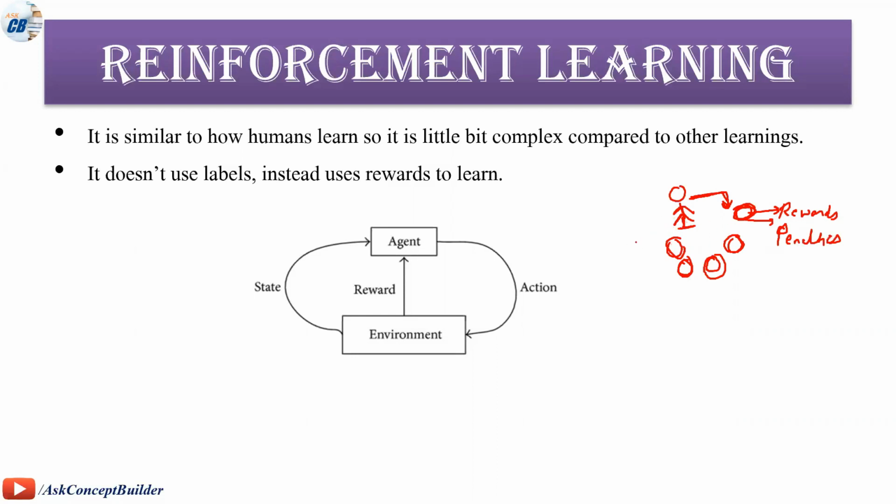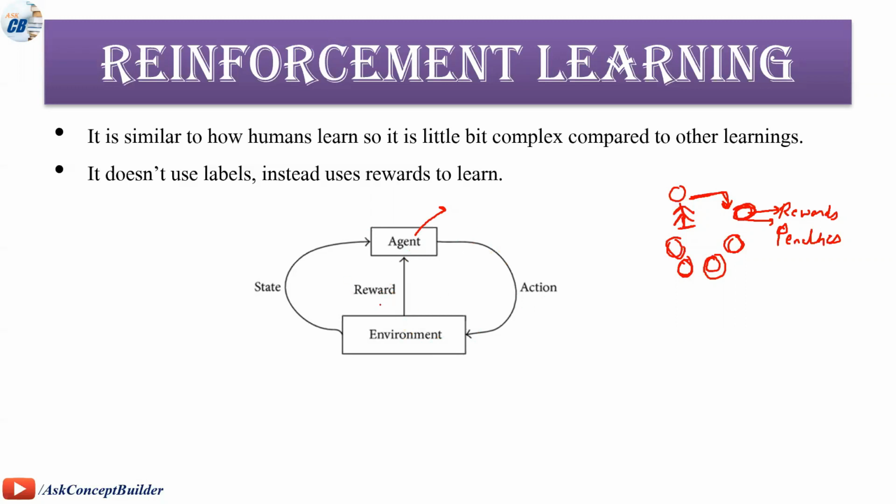This is the basic idea in reinforcement learning also. I am the agent, and I am doing a certain action, making a particular move while playing the game. If that move is correct, I get a certain reward, and if that move is not correct, I get some penalty.